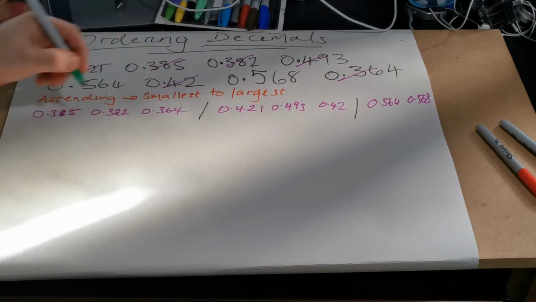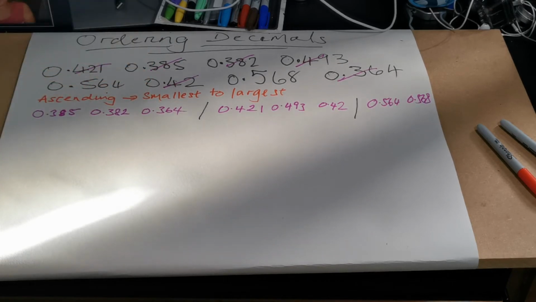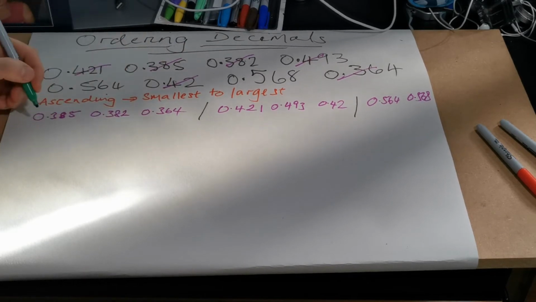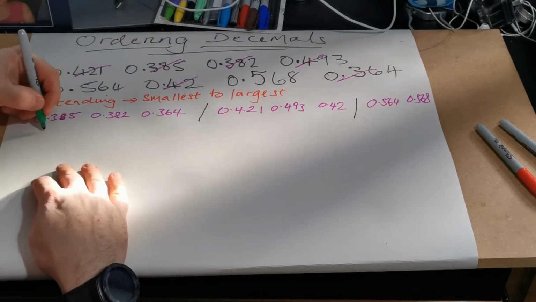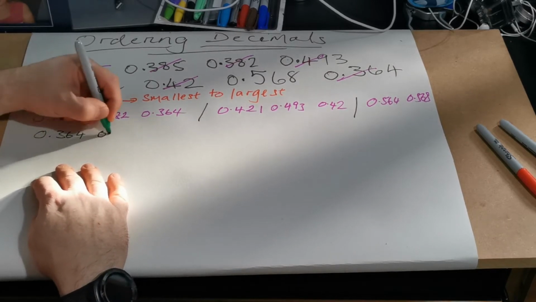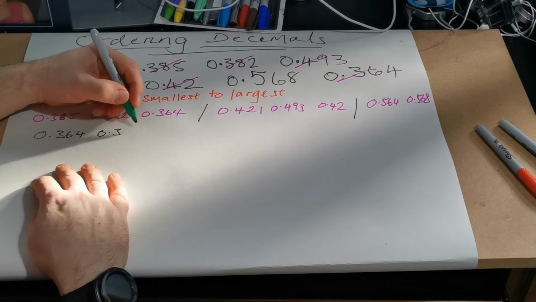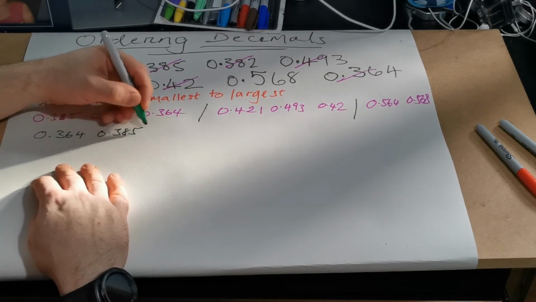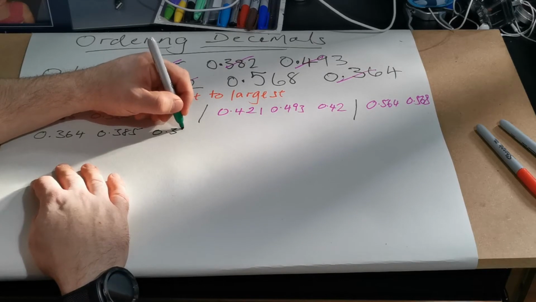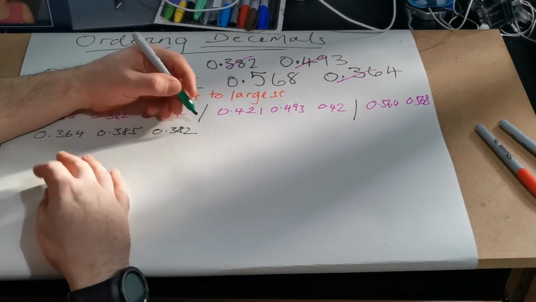So they're all 0.3, so the next is going to be the 0.3 something, and I can see my 6 is smaller than my 8. So I've got 0.364, 0.385 and 0.382.